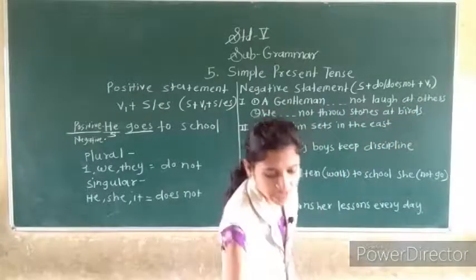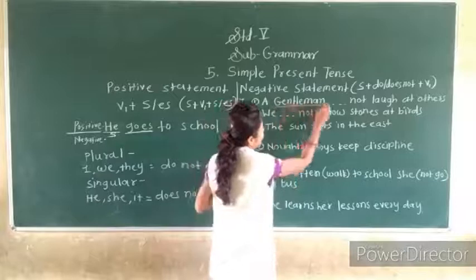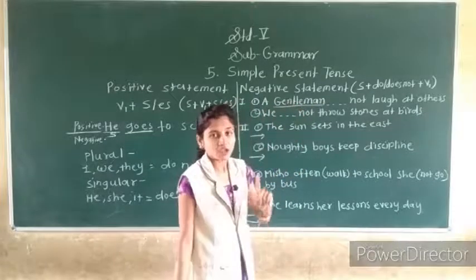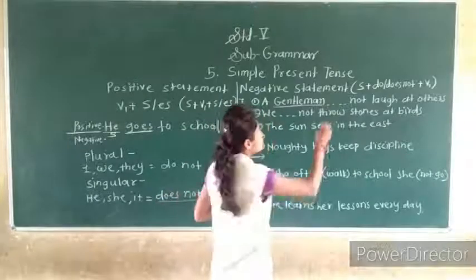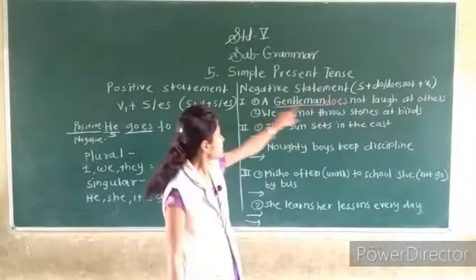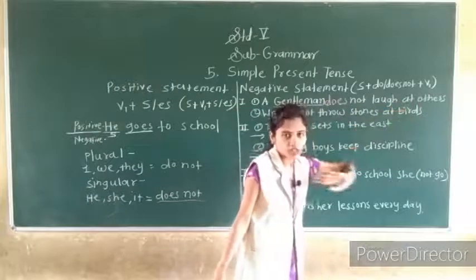A gentleman is a man, so he is singular, only one person. So what do we use? We use does not. The sentence is: a gentleman does not laugh at others.